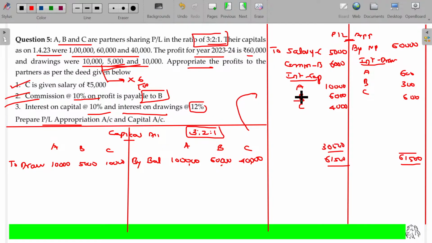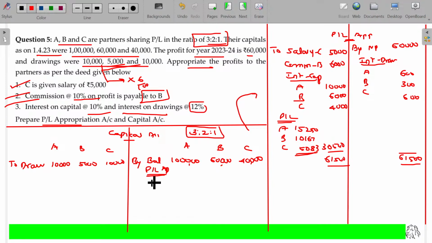So it should be shared among the three partners A, B, C in the ratio of 3:2:1: 15:50, 10,167, 5,083. So all the debit side values meant for the partners should be credited in their respective capital account, P&L appropriation account.